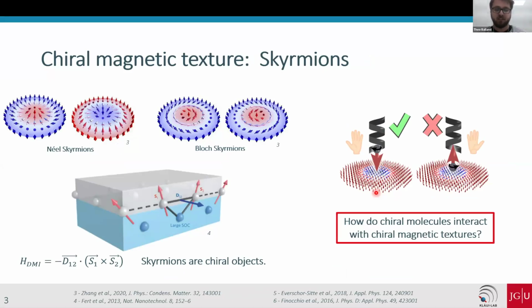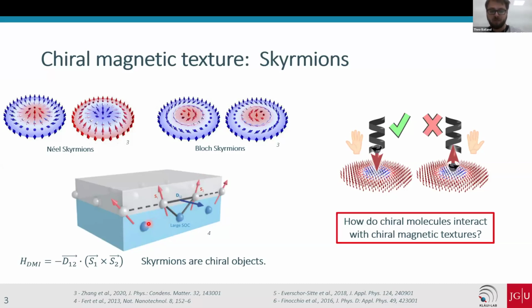This interaction, the DMI, makes the spins canted, as you can see here, thanks to the interaction with an adjacent layer that has a large spin-orbit coupling. And this interaction itself is chiral.